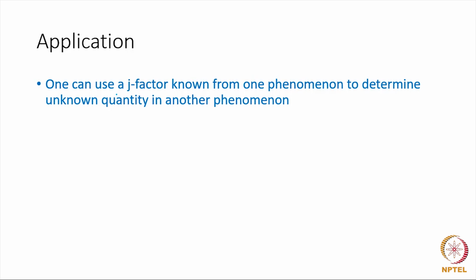So such experiments, if they give us the data, can we use them also for heat transfer or for momentum transfer? That's exactly where this J factor analysis will be of use.